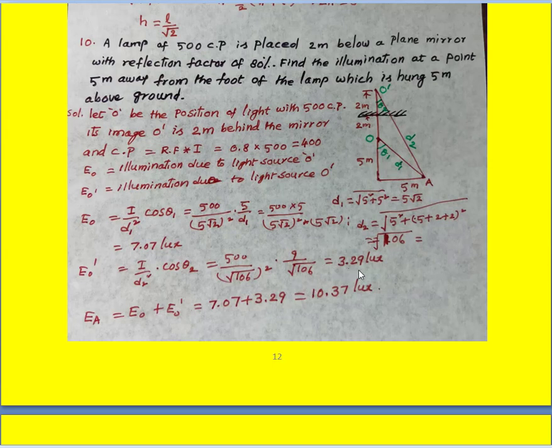When we simplify it, we get 3.29 lux. Then the total illumination at point A due to the two light sources is given by EA is equal to E naught plus E naught dash. So we get 7.07 plus 3.29, that is 10.37 lux.